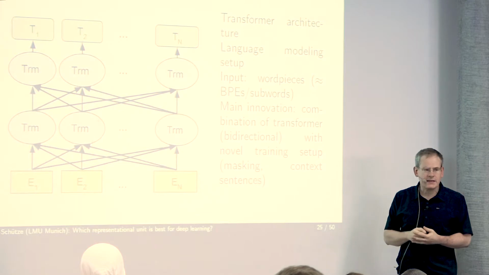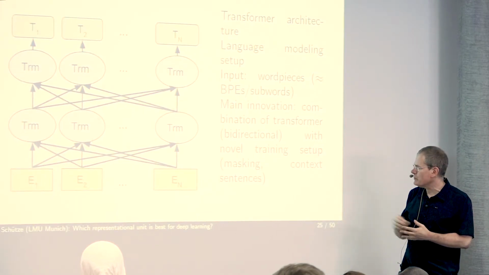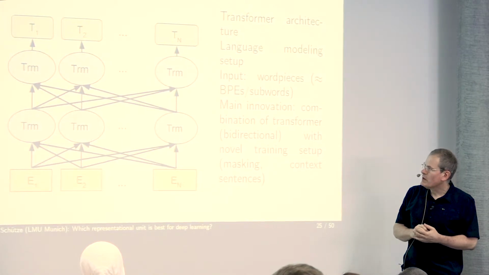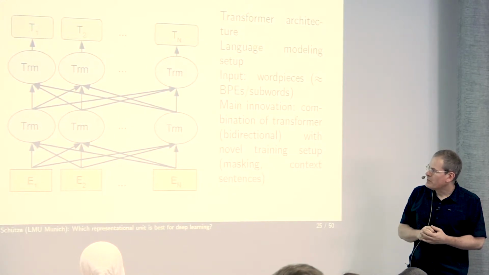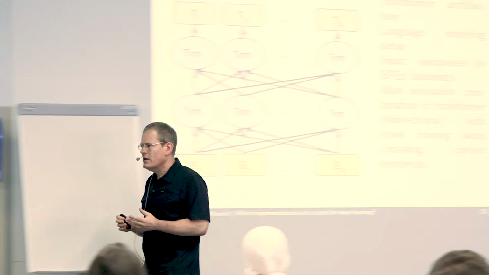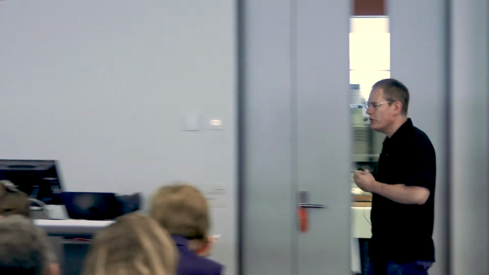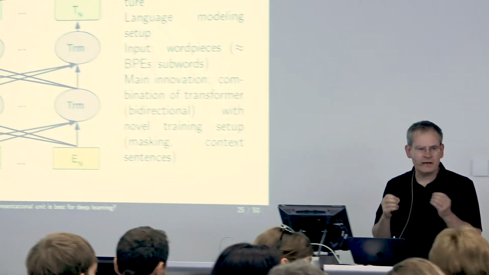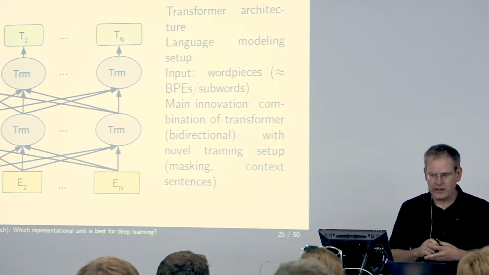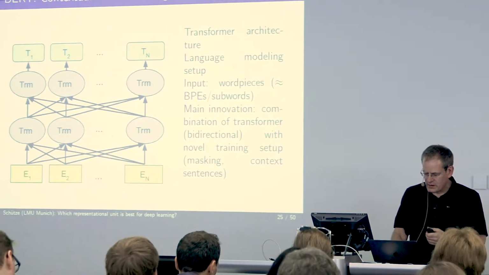I mentioned the masking, and there are some other elements that also seem to be important, like context sentences. So that's BERT. It's actually not really a huge breakthrough that made it possible. I think it's just that they put together many different elements in a very nice and intelligent way, and that's why it's really such a great model.